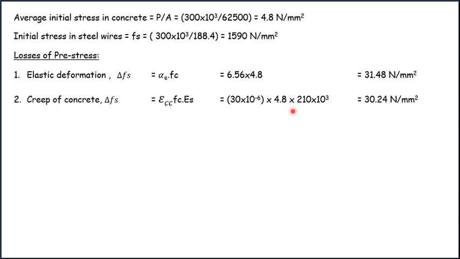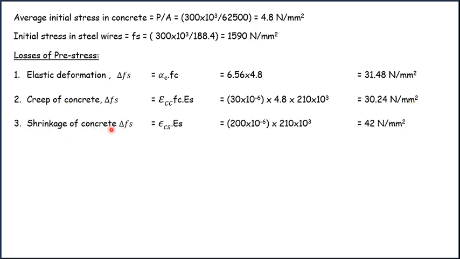The stress acting in concrete is the same stress acting at the steel level, so we have taken 4.8 into 210 into 10 raised to 3, multiplied by 30 into 10 raised to minus 6. So the total creep of concrete comes to 30.24 Newton per mm square.